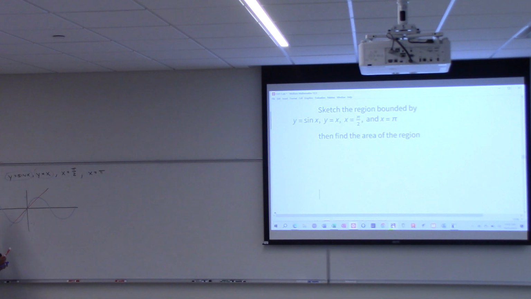What is that when I draw it? It's a vertical line. Where's pi over 2 here? Well, this is pi. So x is pi, that's this vertical line. And I'm out of colors. x is pi over 2 is right here.